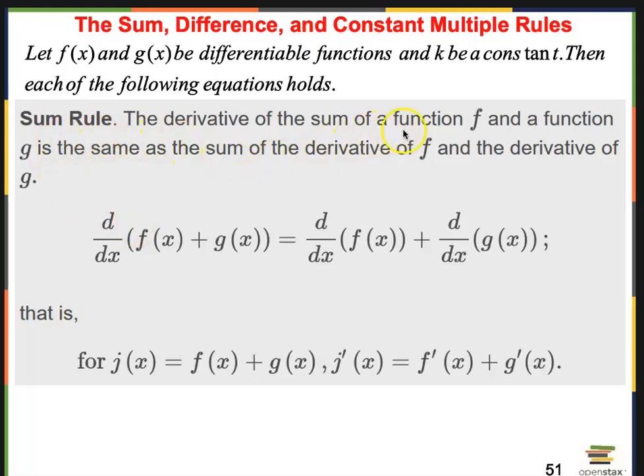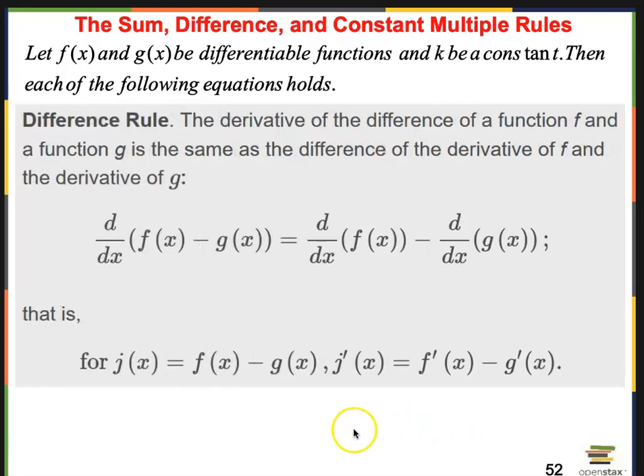The derivative of the sum of a function f and a function g is the same as the sum of the derivative of f and the derivative of g. So basically, if we're going to take a derivative of a sum of two different functions, then we can take the derivative of the first function and add it to the derivative of the second function.